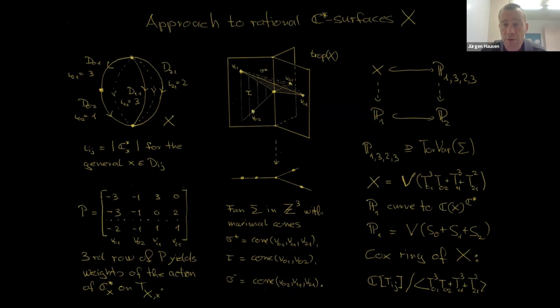So that means once we know the Cox ring of the rational surface, we know it completely. So this is a way to see why this matrix P encodes the X and how we can reconstruct it. In the proof of the theorem, we work with this language using these matrices P and working with the Cox ring of X.